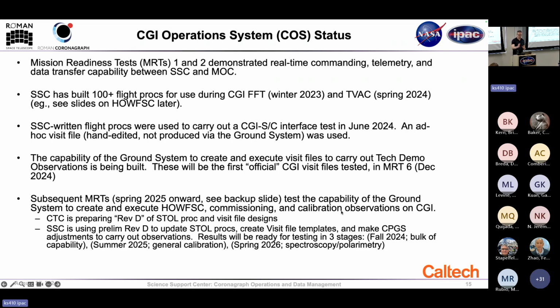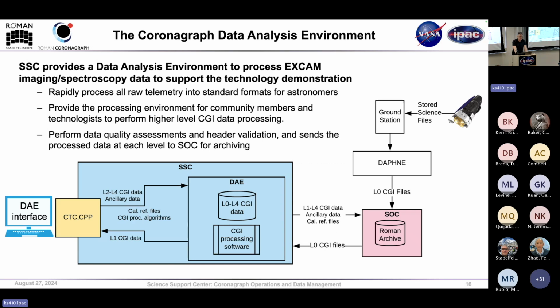That's all mostly happening starting in the spring of next year. So it's really all going to start coming together. The ground system is going to start building that infrastructure that allows an observer to enter some numbers on a web page and get observations that run on CGI in a flight-like way.